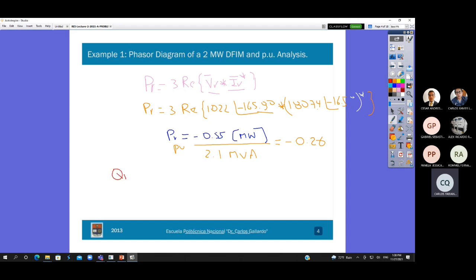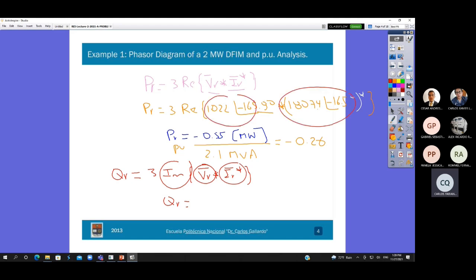What about the reactive power? In order to compute the reactive power, I will take the imaginary part of the rotor voltage times the conjugate of the rotor current. I will have the same values, but in this case I am taking the imaginary part.